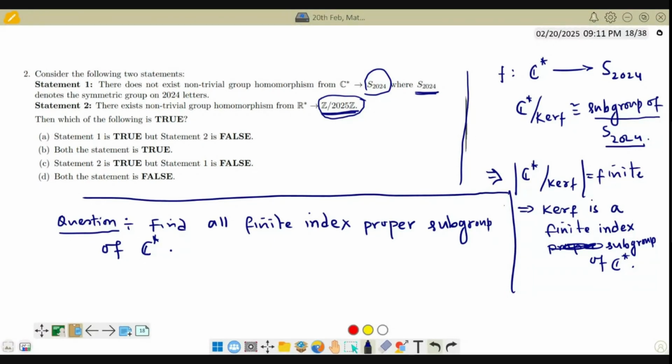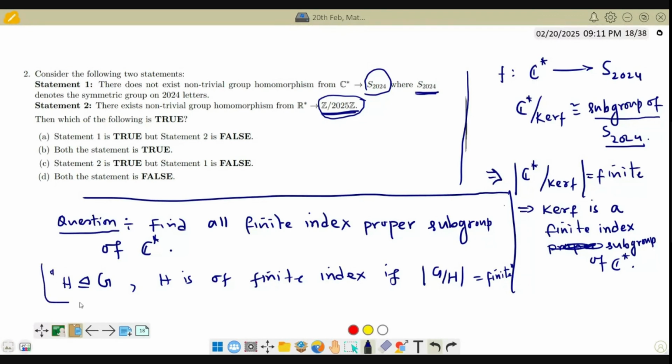Okay. Suppose G is a group and H is a normal subgroup of G. H is of finite index if G mod H is finite. Okay, sir.